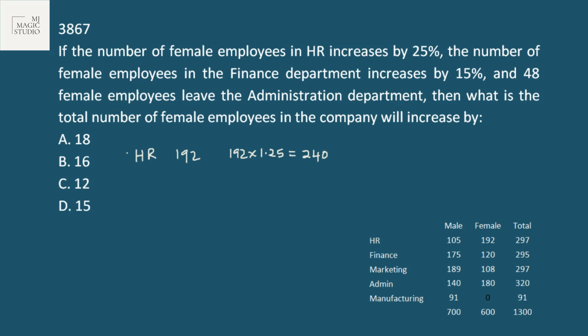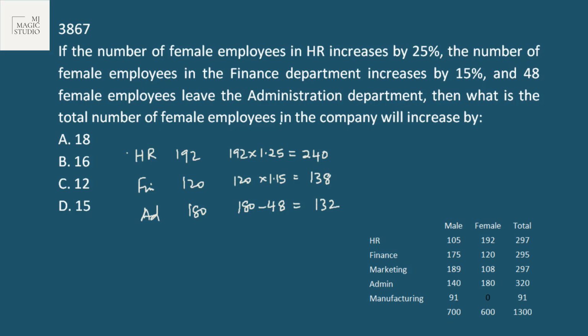The number of female employees in finance department increases by 15%. 120 into 1.15, 138. And 48 female employees leave the admin department. Admin initially were 180, now 180 minus 48 left. So that would come down to 132.